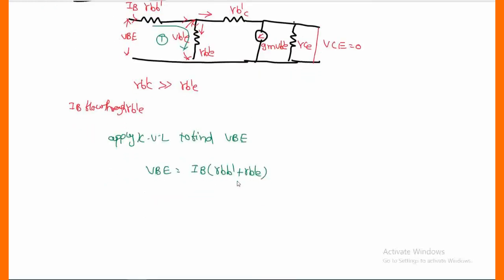Now from this, take the IB to the left side, as we have already come to know that we have to keep the H-pi model and H parameters on one side and the input variables on the other side. So VBE by IB is equal to RBB' plus RB'E.